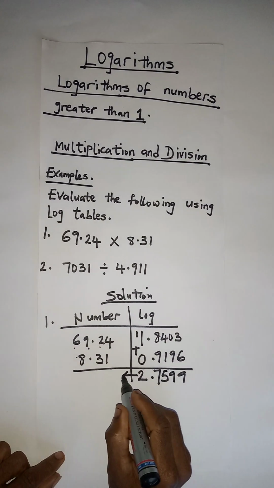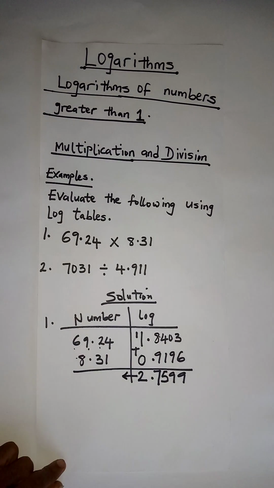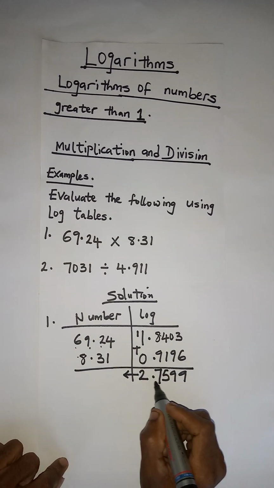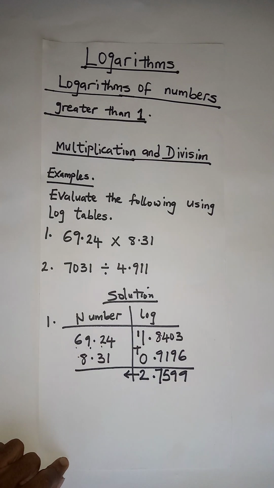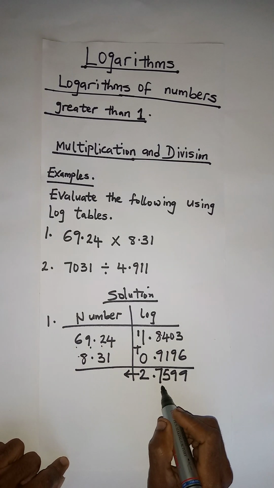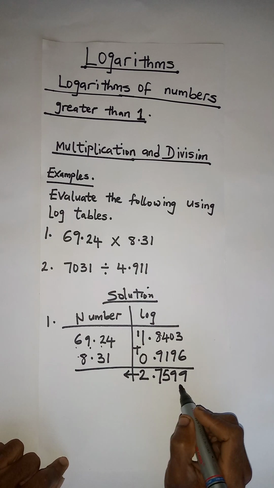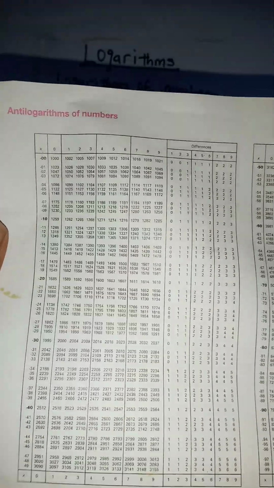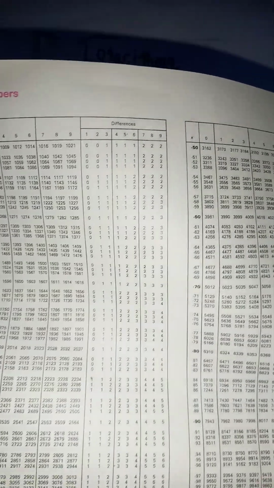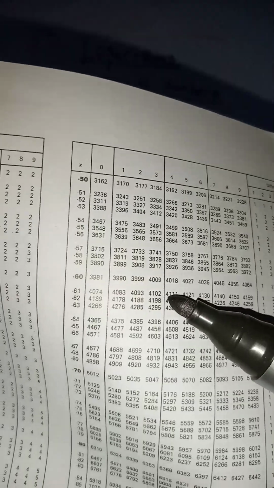So you check your anti-logarithm table. But to begin with the anti-log, you start your checking from the decimal. So we're going to check the anti-logarithm of 75 under 9 difference 9. Here I have the anti-logarithm table. So I'm looking for 75.